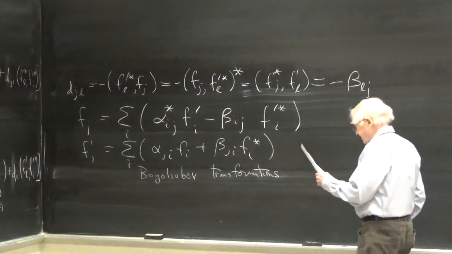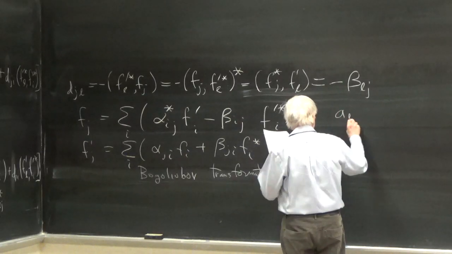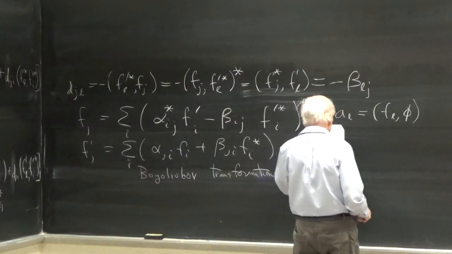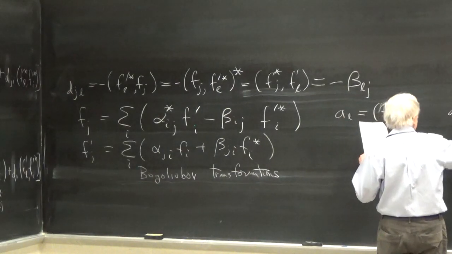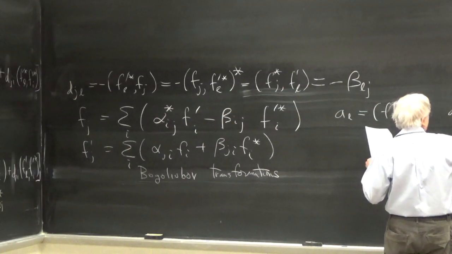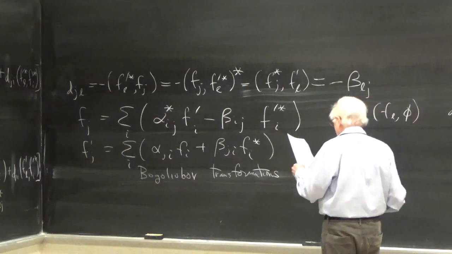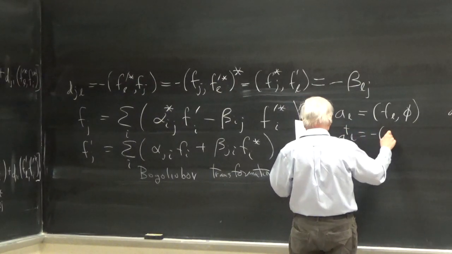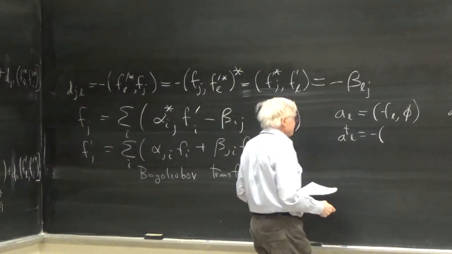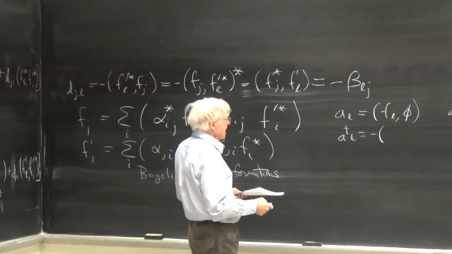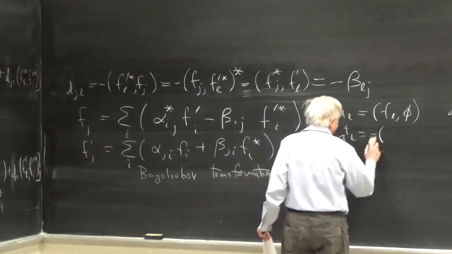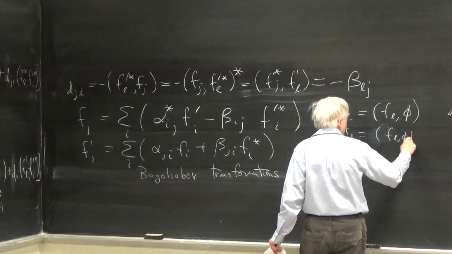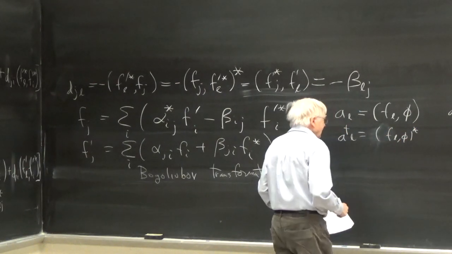And before we do that, let's recall what we found, namely that AL was equal to FL, the scalar product of FL with phi, and AL prime was the scalar product of F prime L with phi, and a dagger L is the Hermitian adjoint of that, and so this will be FL phi complex conjugate.